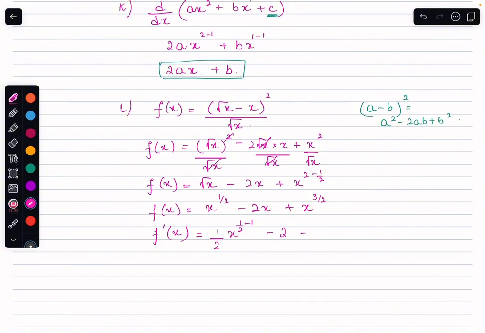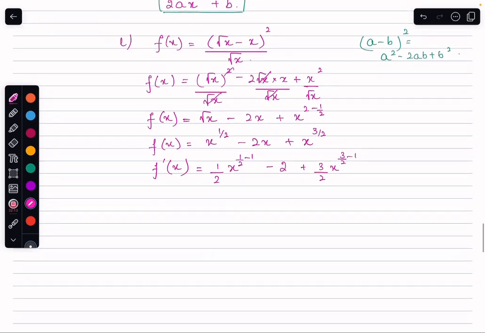And here I should be having a 3 by 2 x to the power 3 by 2 minus 1 here. So f prime x now is going to be 1 by 2 x to the power negative 1 by 2 minus 2 plus 3 by 2 x to the power 1 by 2 here. So this is going to be my f prime, or my differential for the function given.